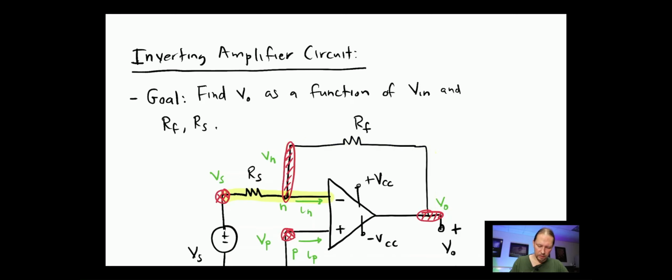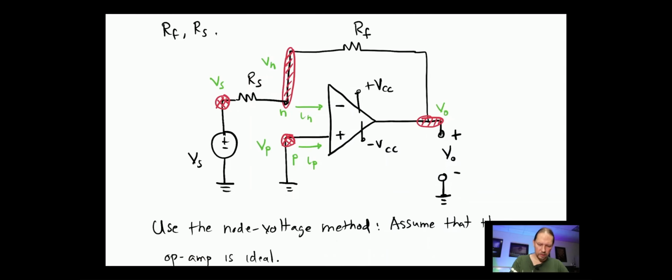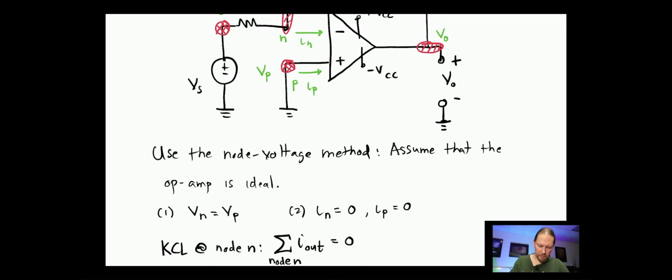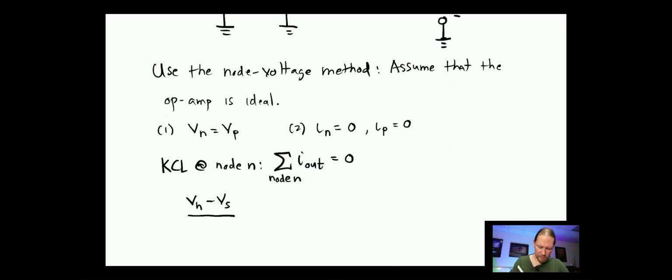So we can write down the currents for each one of those. Make sure the resistor doesn't disappear. Let's go back. So the currents that we have are going to be Vn minus Vs, divided by Rs.